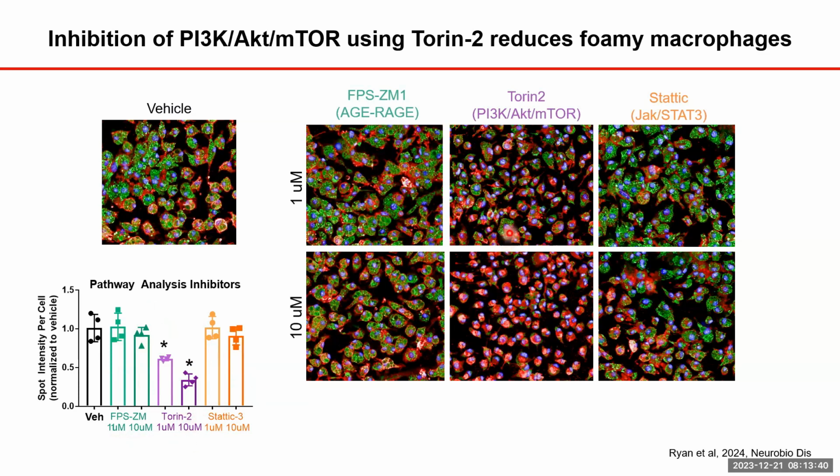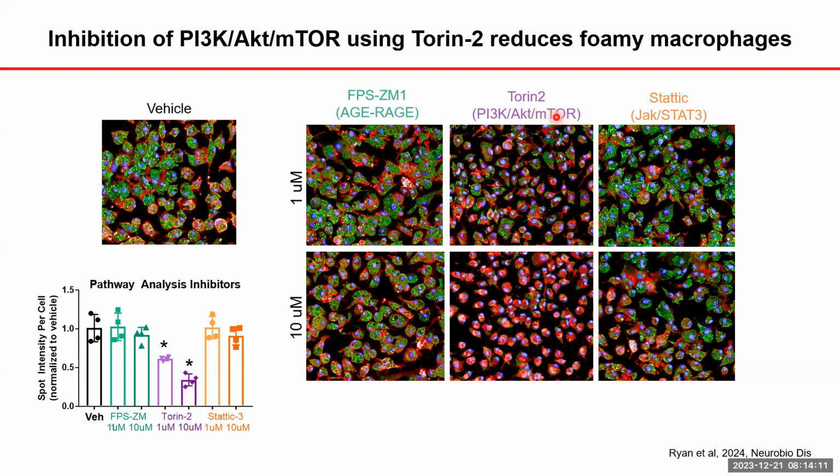And so at the time, we thought that because PI3 kinase AKT is typically associated with mTOR, there are a whole bunch of inhibitors we could have selected. We chose taurine-2 because we thought that this is a commonly used mTOR inhibitor. So we selected it for that reason, but as you'll see in the later slides, it was a serendipitous selection.